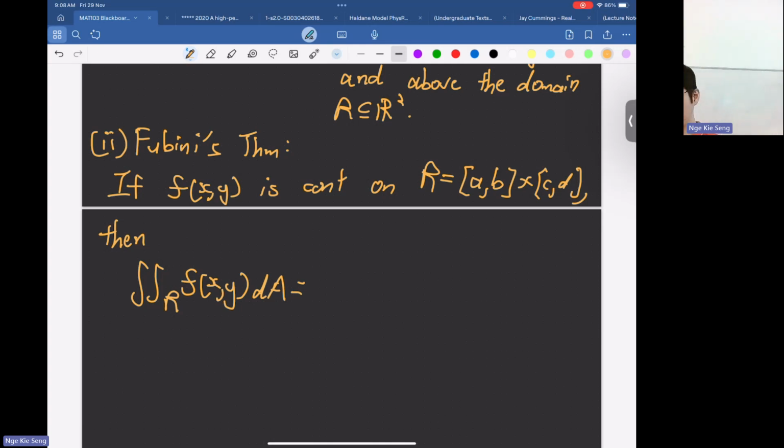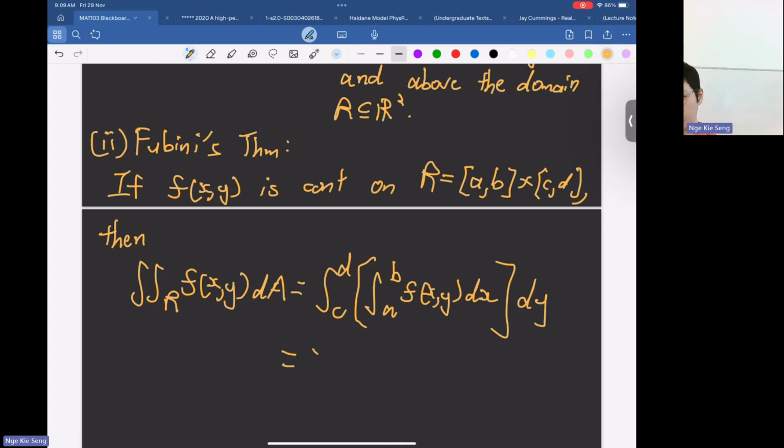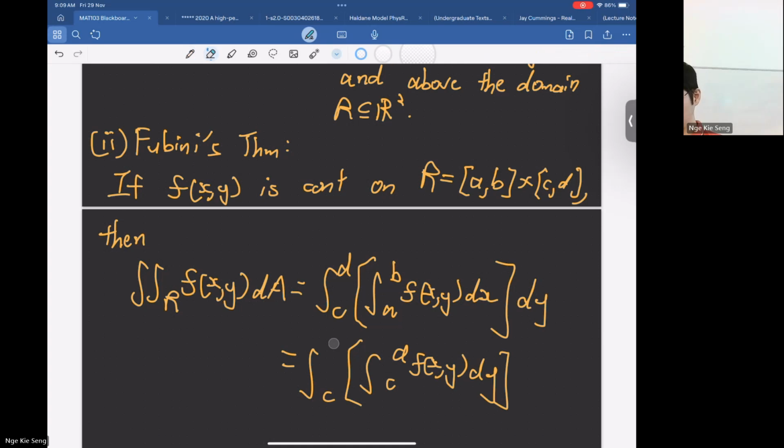You can choose to integrate on x first and then on y, or you can do it on y first and then on x. Basically, you split the double integral into two partial integrations.